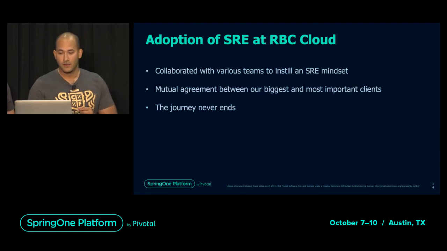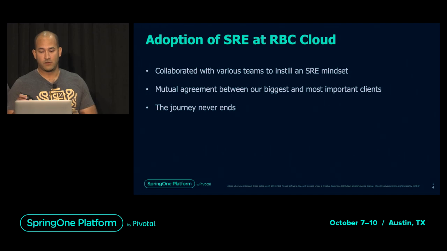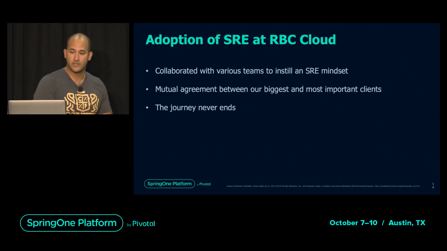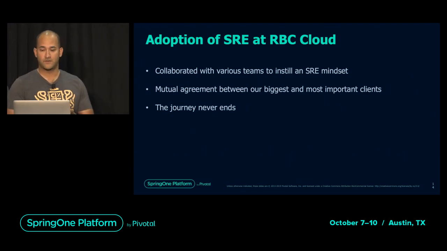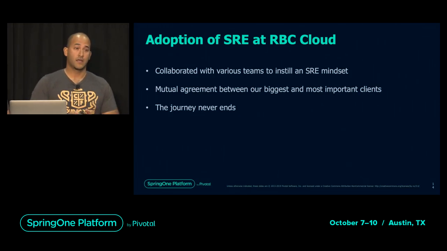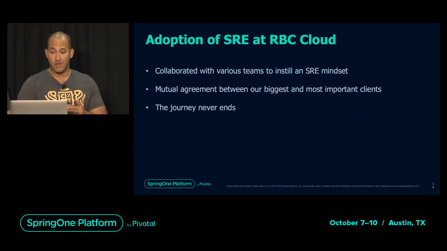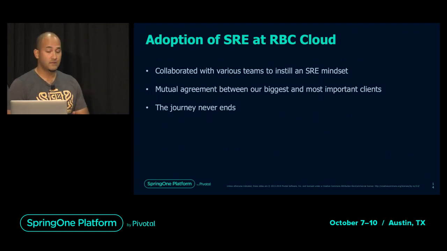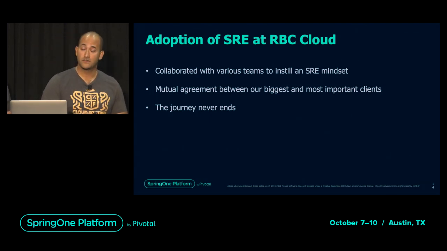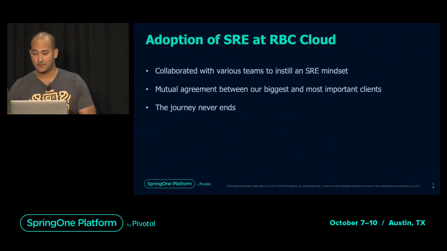So what did we do? First things first, with the help of our Pivotal engineers and educating ourselves through various means, we decided to adopt an SRE mindset. We met with one of the more advanced app development teams who are leading the transformation to cloud-native and agile practices.